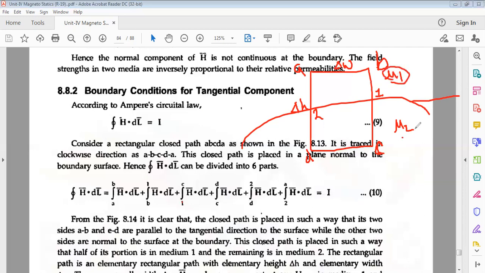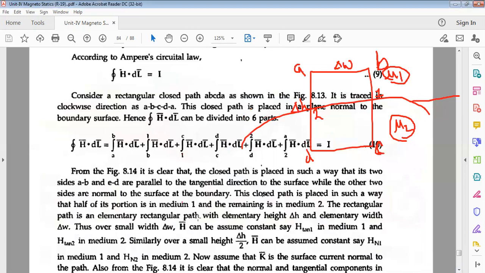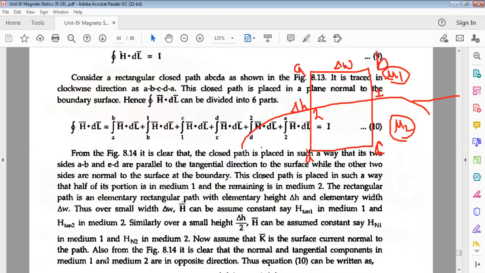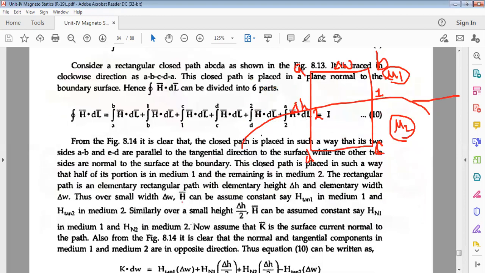It is an elementary rectangular path with elementary height delta h and elementary width delta w. Over the small width delta w, H bar can be assumed constant, say Ht1 in medium 1 and Ht2 in medium 2. Similarly, over the small height delta h, H bar can be assumed constant, say Hn1 in medium 1 and Hn2 in medium 2.